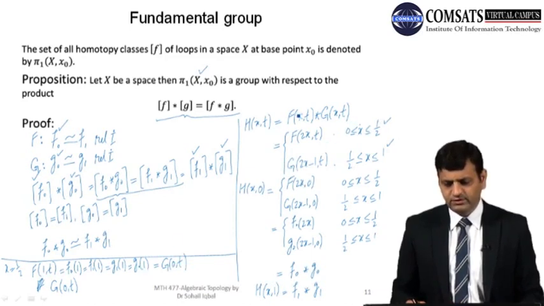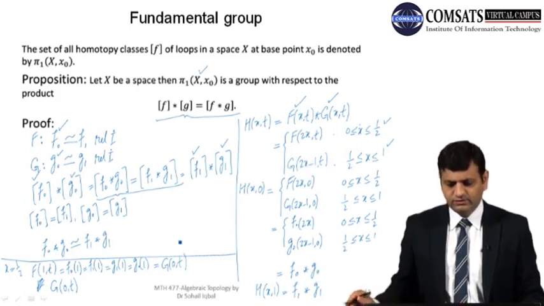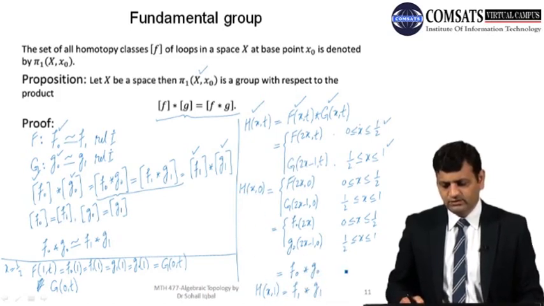F is continuous because it's a homotopy, G is continuous because it's a homotopy, and their intersection is the same. So we can say that H is continuous, and H of x, 0 is f0 star g0, and H of x, 1 is f1 star g1. This implies that f0 star g0 is homotopic to f1 star g1.